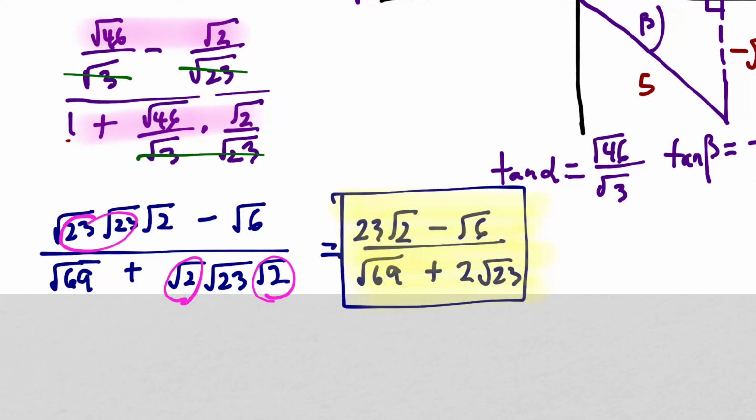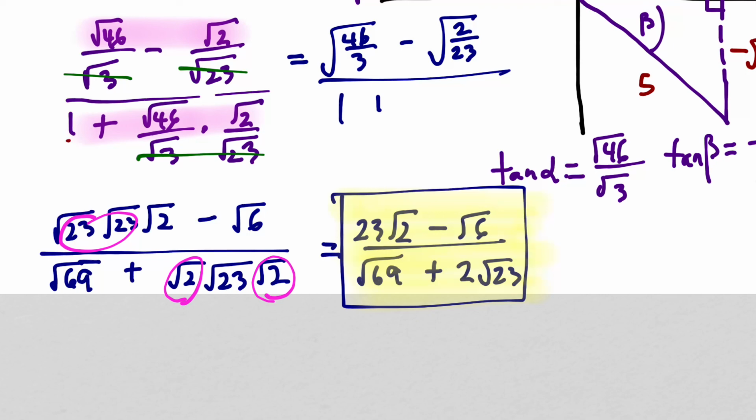You could also write this in fraction form: root 46 over root 3 minus root 2 over root 23, over 1 plus 2 root 23 over root 3 root 23.